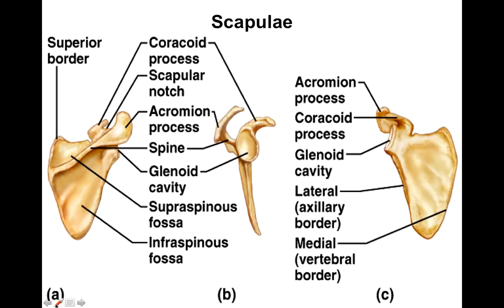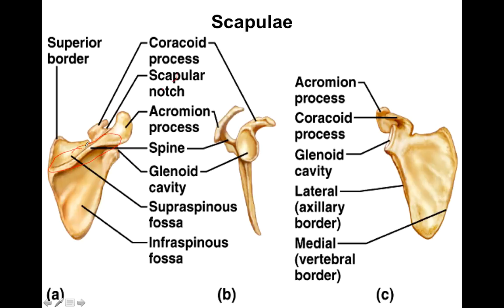And the spine of the scapula is this ridge right here. And you can feel the spine of the scapula. If you take your right hand and reach over your left shoulder, you can feel the spine of the scapula as you move your, say, left elbow up and down.